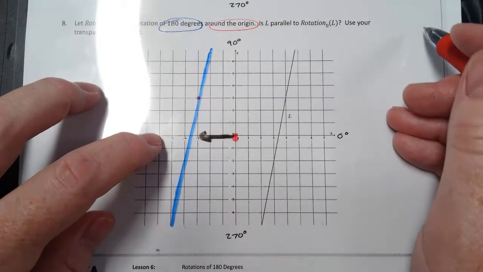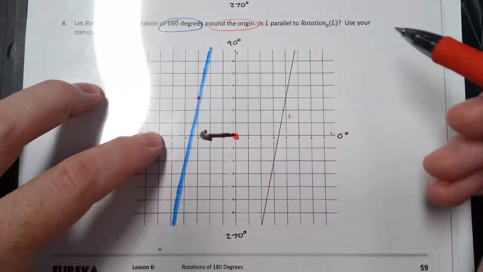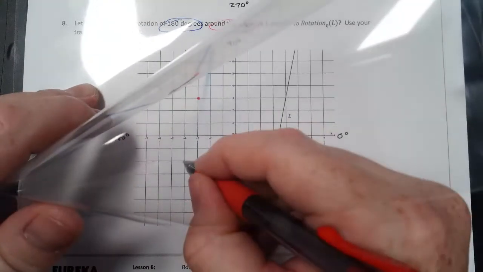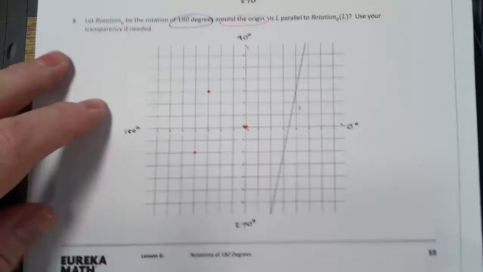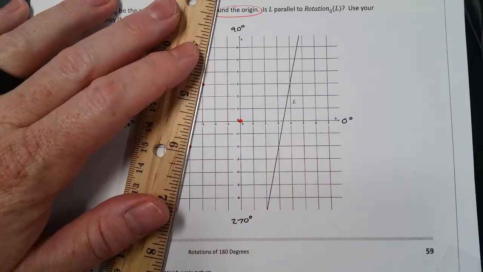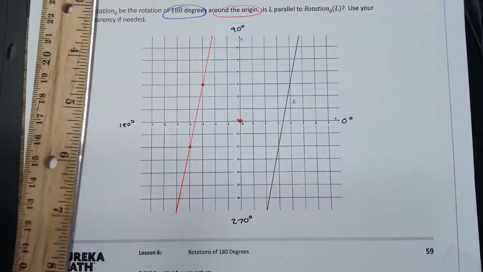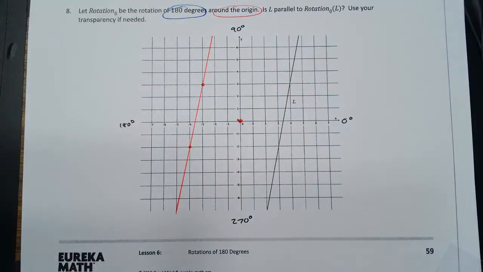And I'm going to put another point at what looks like -4, -2. So I'm going to put a point right here. If I connect those points, I'll see my new line. And if you look, that looks awfully like they are parallel.